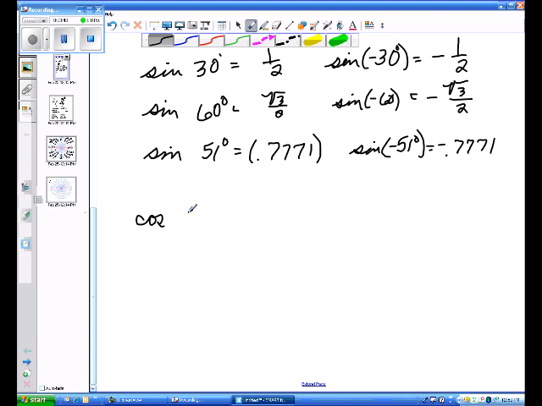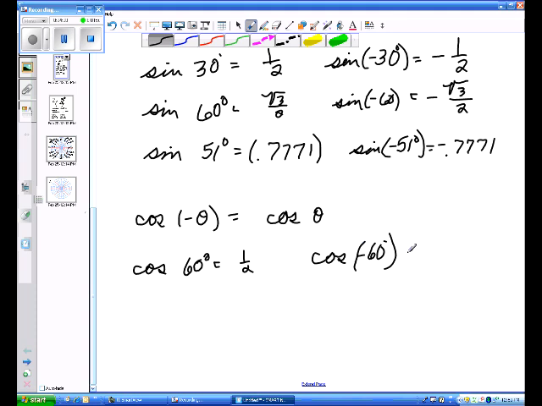So the cosine of negative theta is equal to the cosine of positive theta. So if we know that the cosine of 60 degrees is equal to 1/2, then the cosine of negative 60 degrees is equal to 1/2.